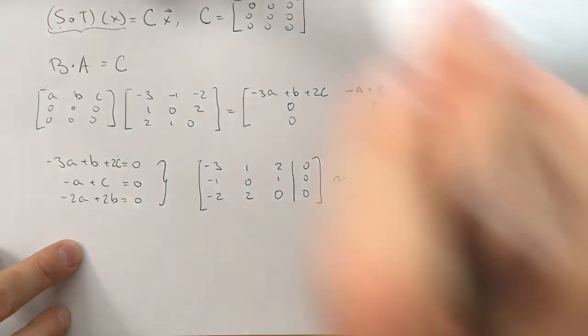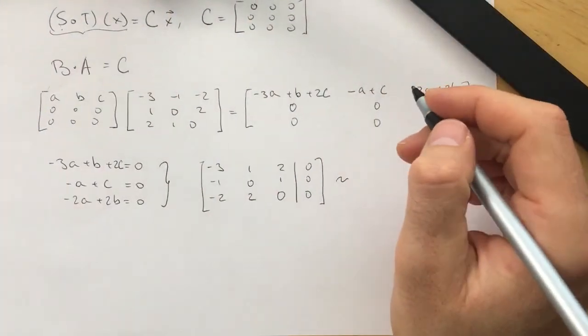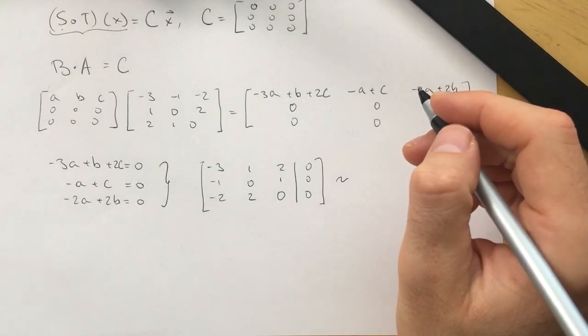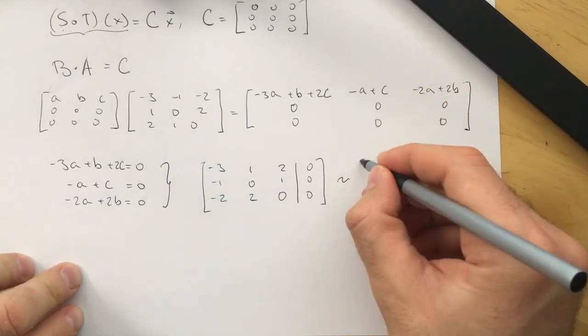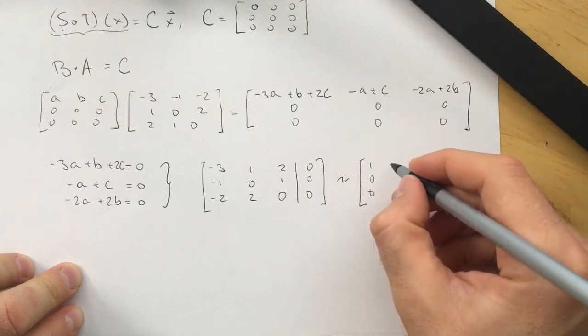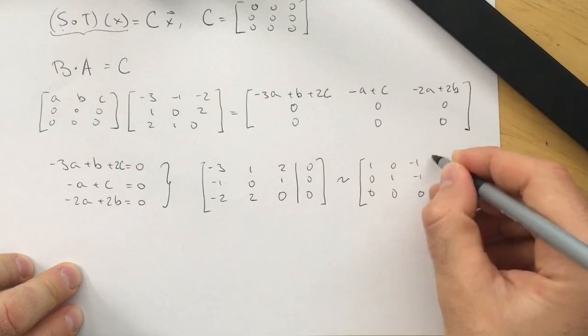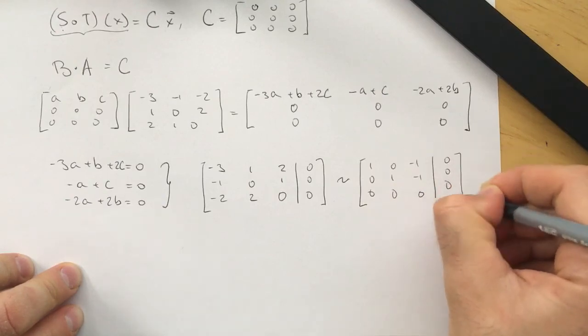You can row reduce this matrix, and you will get [1, 0, 0; 0, 1, 0; -1, -1, 0; 0, 0, 0].